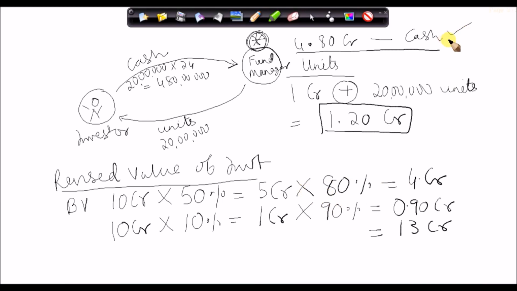So as per your textbook, the authors have assumed that this cash balance of 4.80 crores, which is nothing but an asset, is included in this value of 13 crores. So they have not included 4.80 crores as cash balance. They have included the cash balance in this 13 crores value.